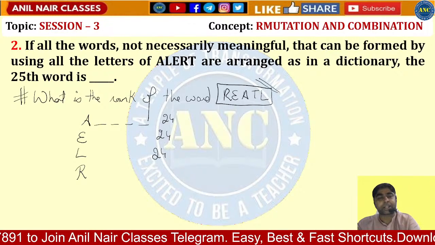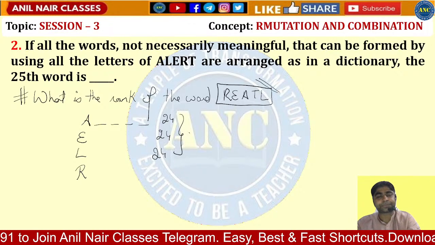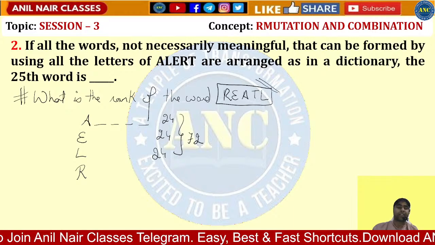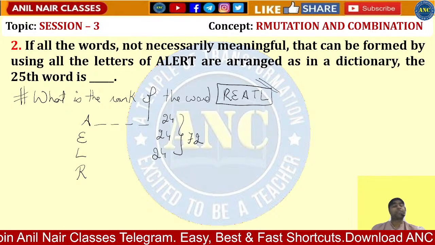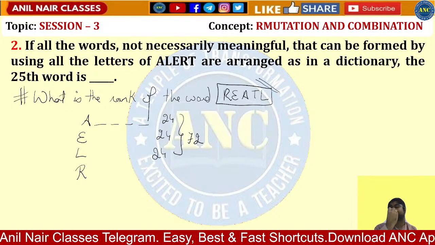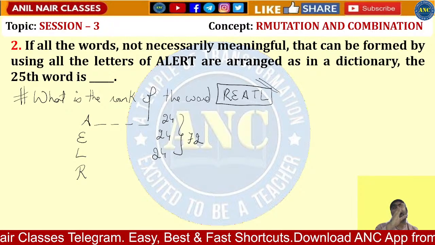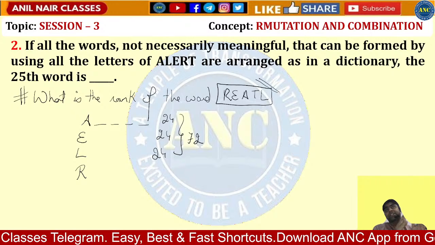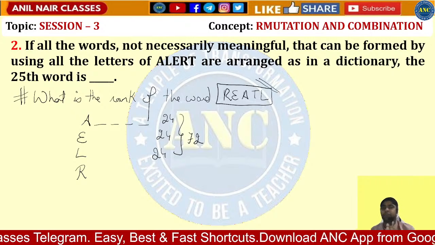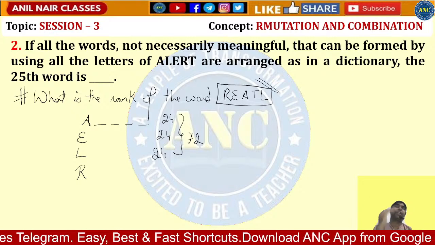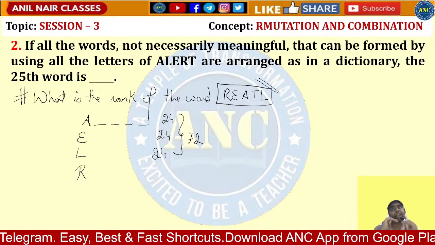So 72 are done. And after that, R will come, but how many words are starting with R? Again 24 only. So that means my answer would be little more than 72 and less than 96.